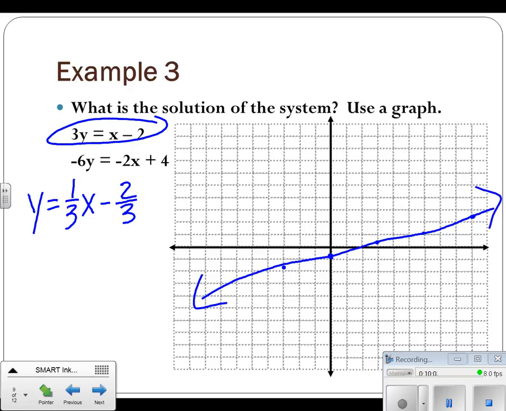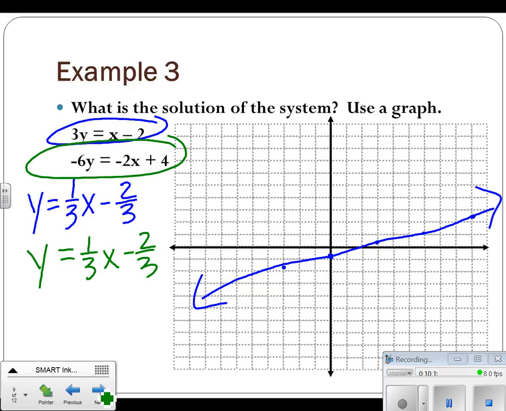And now if I take the second one and solve for y, divide both sides by -6, I get -2 divided by -6 gives me a third x, and 4 divided by -6 gives me -2/3. And I see it's the same line, so it's going to be these same points, all the points they have in common.